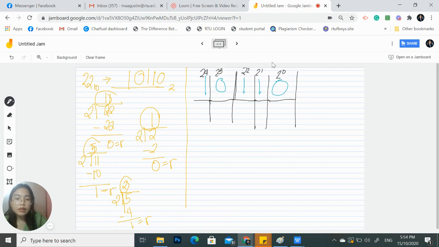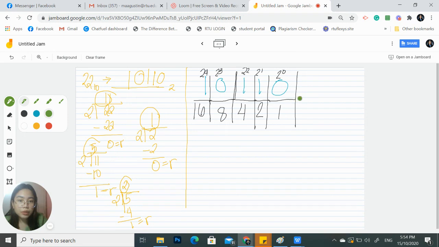The equivalent of 2 raised to the powers are 1, 2, 4, 8, and 16. So let's solve if our answer is correct. We will multiply, so that will be 0, that will be 2, that will be 4, that will be 0, that will be 16.